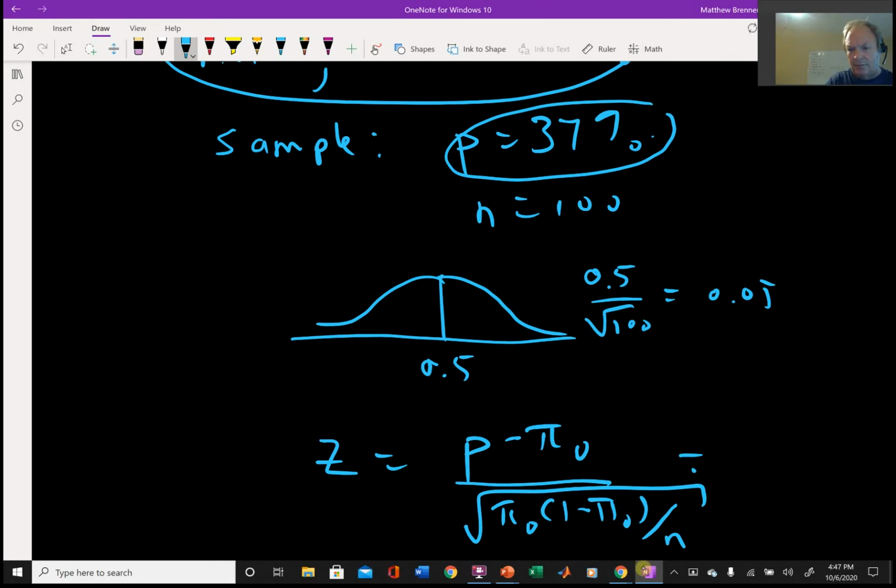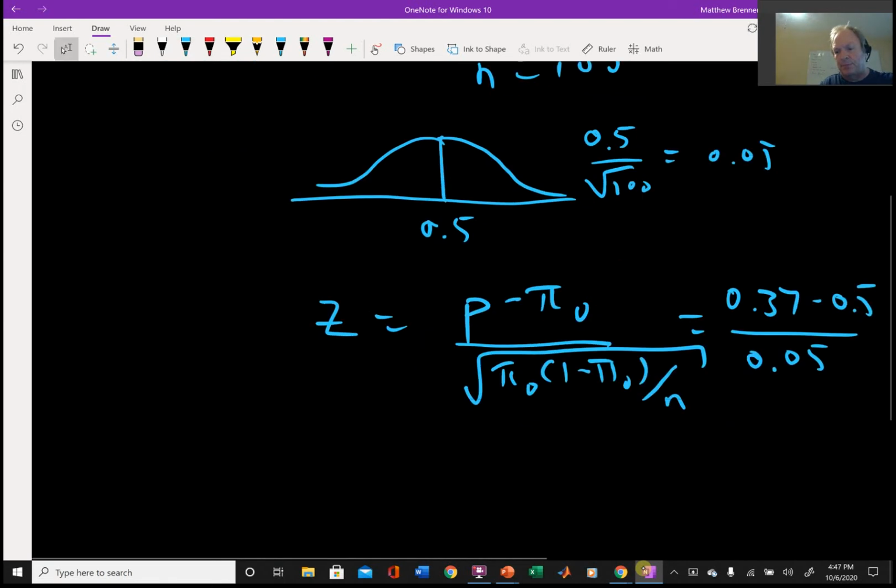Okay. So this ends up being 0.37 minus 0.5 divided by 0.05. And when all the smoke clears, here I'm going to get 0.13, and when I multiply that by 20, which is what the division by 0.05 is, right?